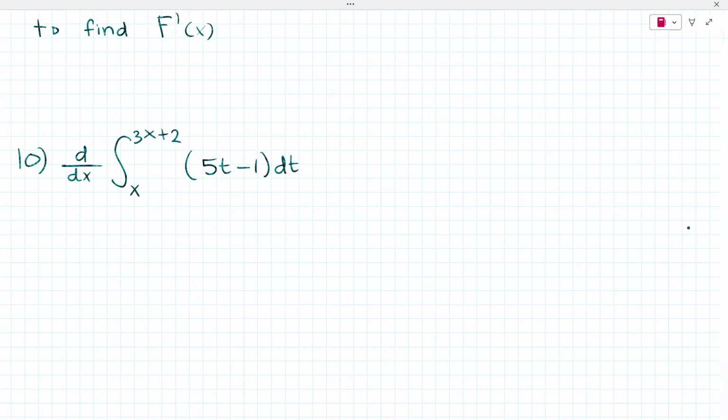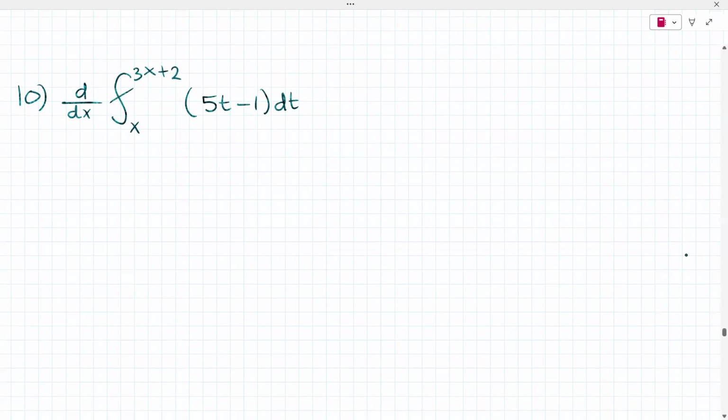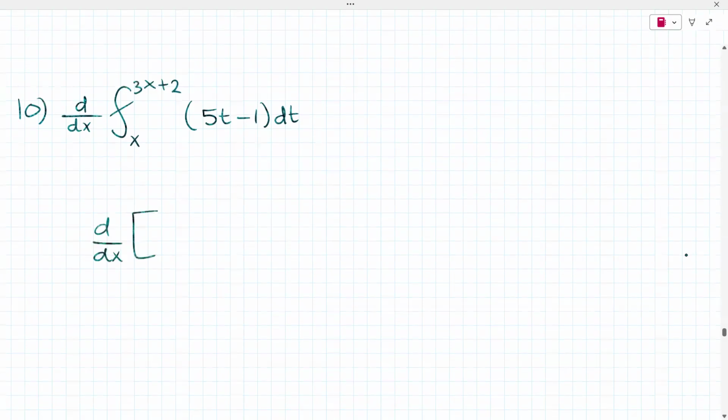We know that integrals and derivatives are opposites, so they cancel. So the integration disappears.